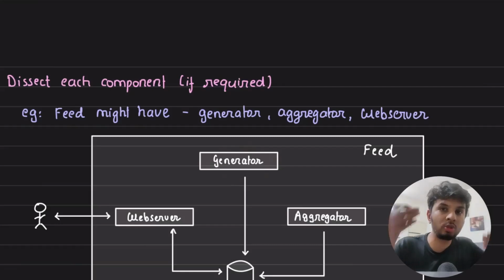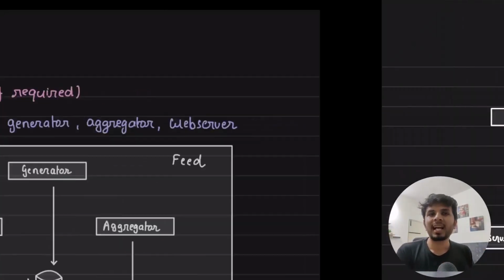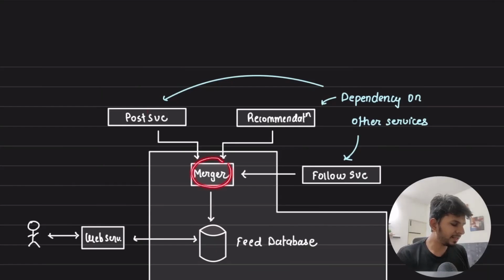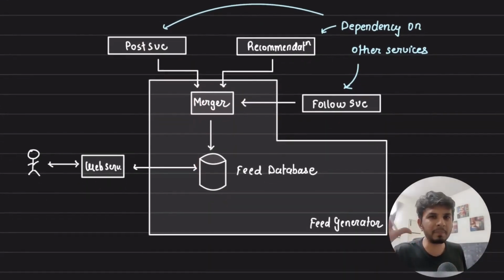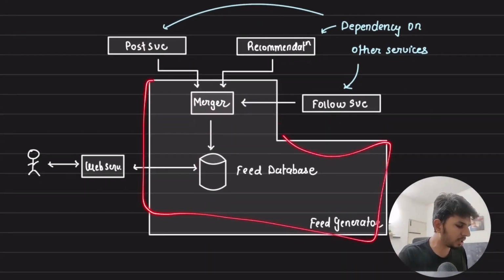When you go into those details, you would find out that you might need something that is reading from other services and merging it, and maybe having some database where you're storing some temporary information, and this becomes your generator.